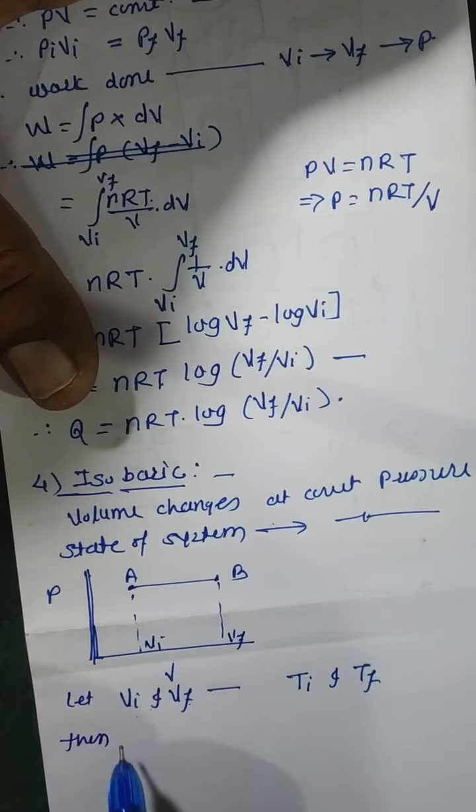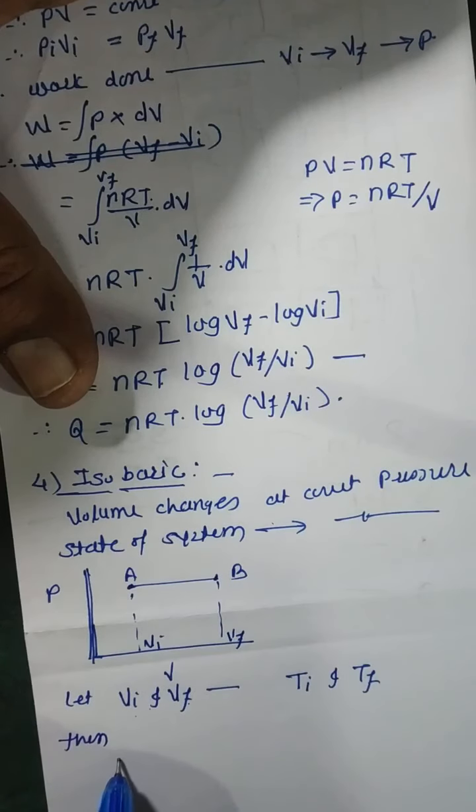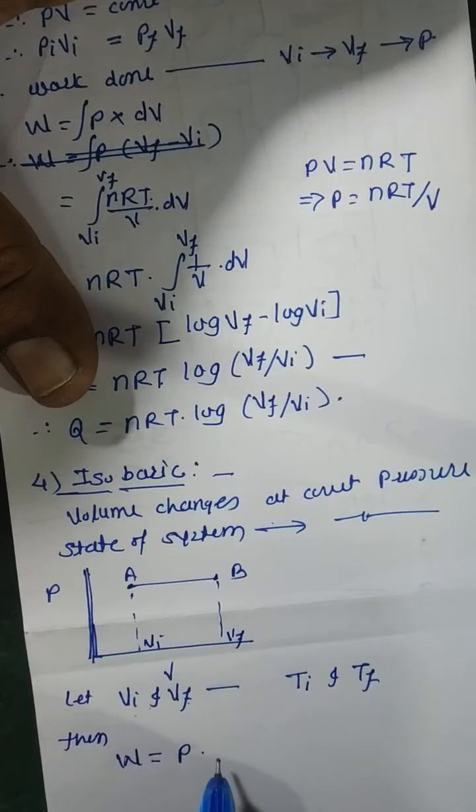Then work done during this process. What is work? That is pressure into change in volume, that is Vf minus Vi.